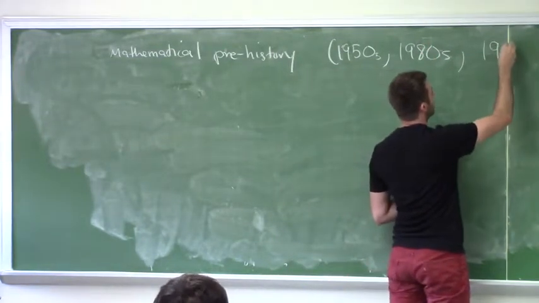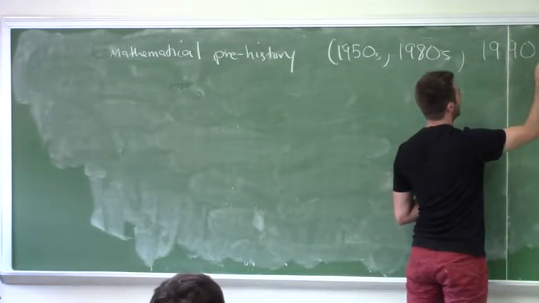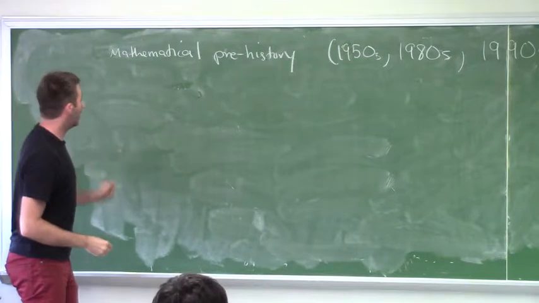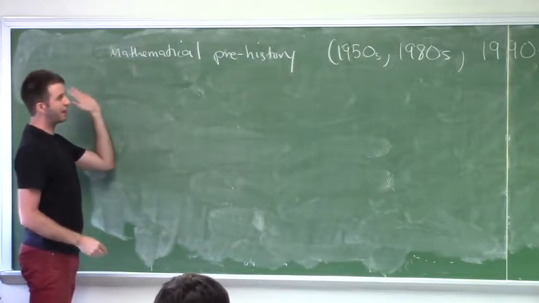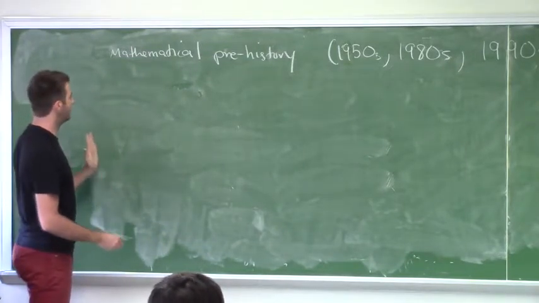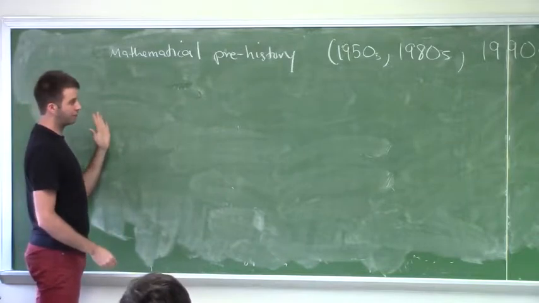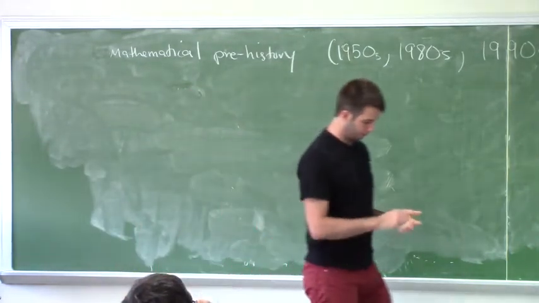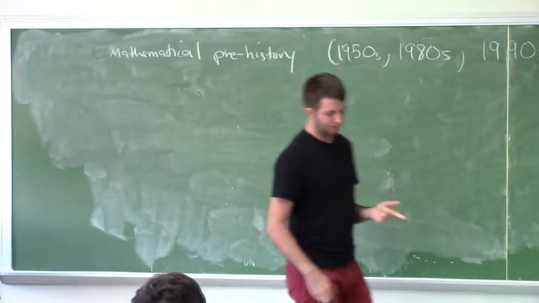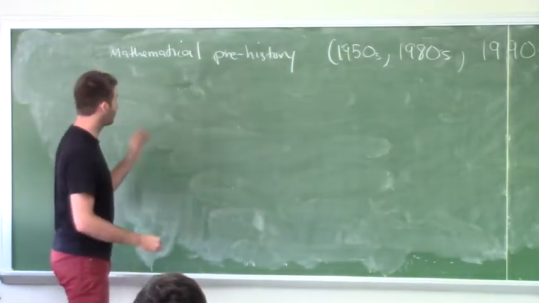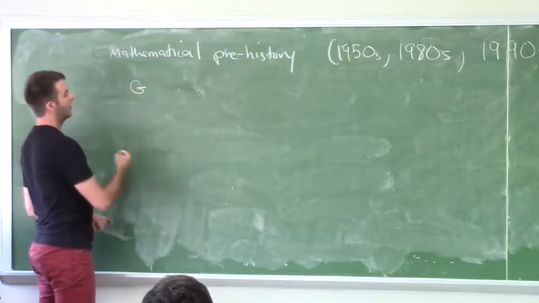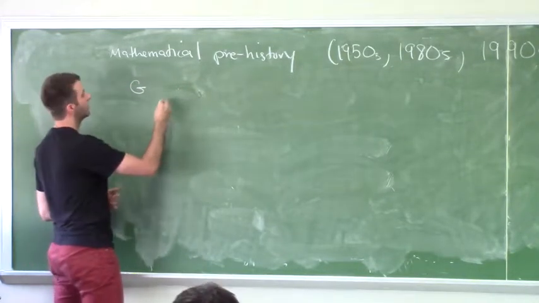And then you can tell that I'm a young person when I think that the 90s was such a long time ago. The mathematical prehistory is going to be a bunch of outgrowths of theorems of Borel, Bott, Beilinson, Bernstein, and then Beilinson, Ginzburg, and Soergel. I want to try and explain what these theorems are, and then how they were generalized.